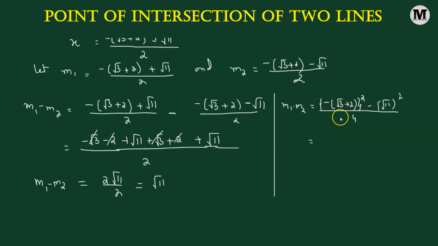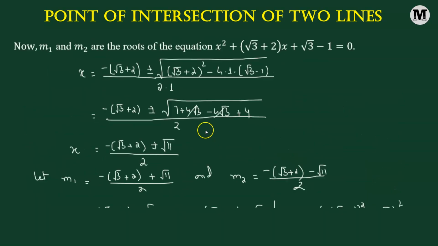So in the numerator, now we have 7 added to 4 times square root of 3, minus 11, divided by 4. So that's going to give us square root of 3 minus 1. So the product m1 times m2 comes out to be square root of 3 minus 1.